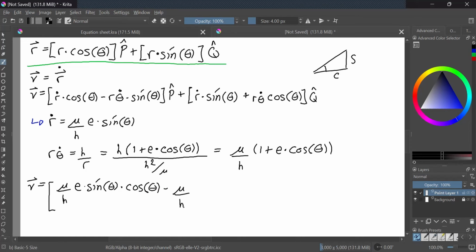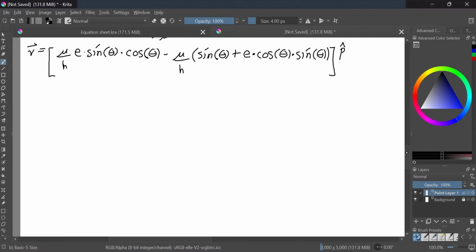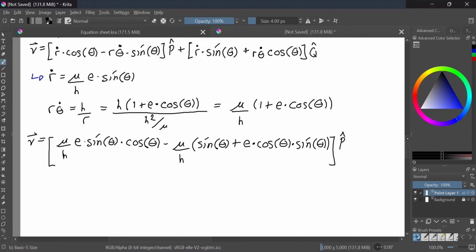I'm going to distribute the sine here, times the sine of theta plus e times the cosine of theta times the sine of theta. And that's in the p direction. I'll scroll down to here.